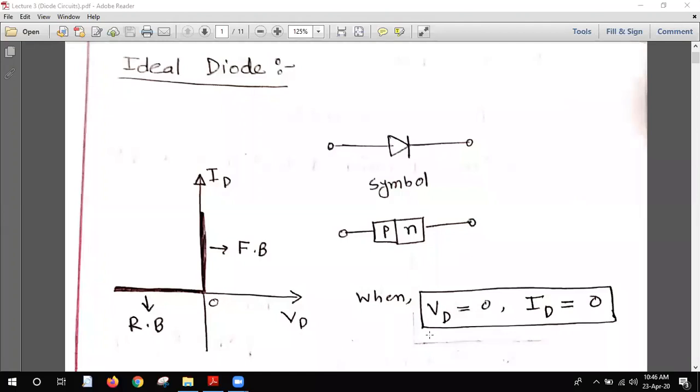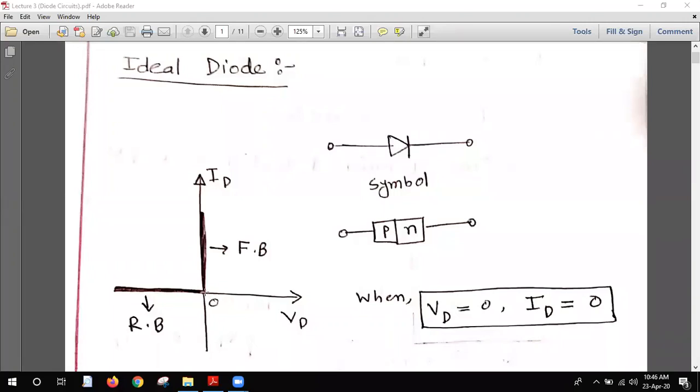When the voltage across the diode is 0, there will be no current. When the voltage across the diode is 0, the current will also be 0. You see this graph, this is the 0 point.